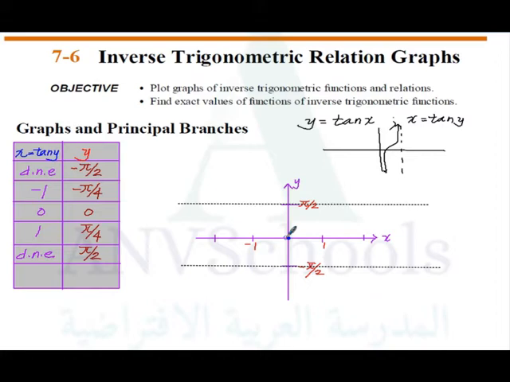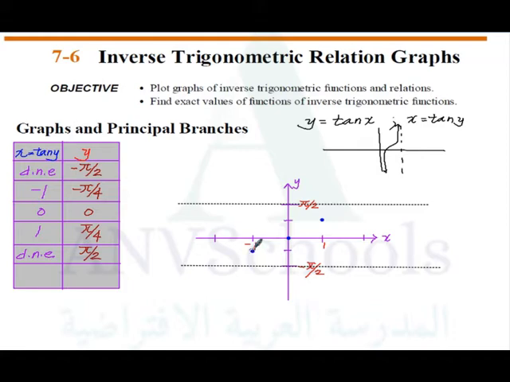And when y is equal to pi over 4, which is somewhere here, because it's in between pi over 2 and 0, here we have 1 and negative 1.